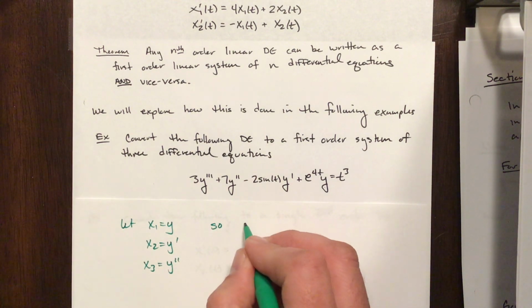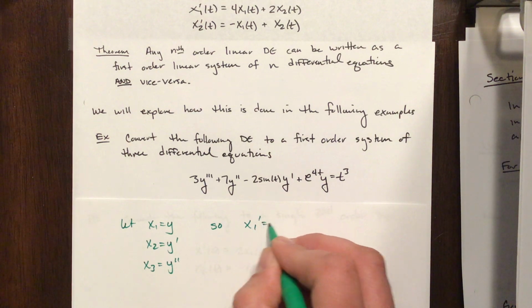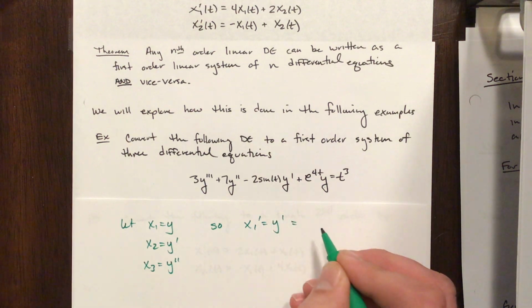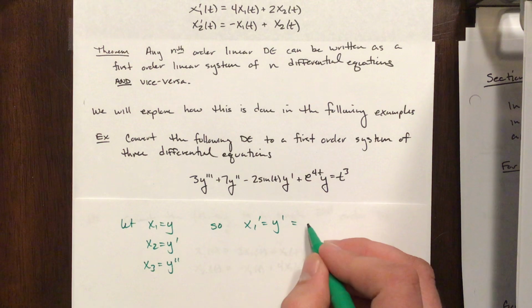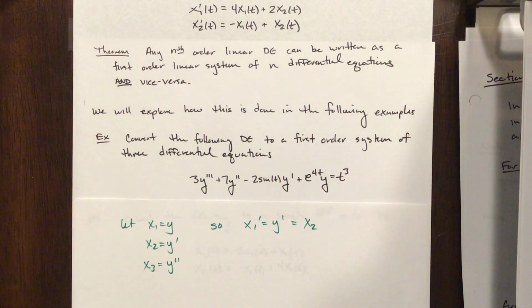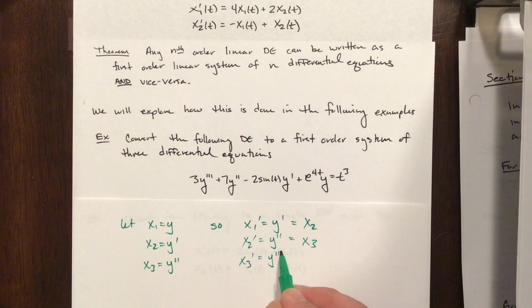So x1 prime is equal to y prime, but x1 prime, by the transitive property of equality, is equal to x2. x2 prime is equal to y double prime, but y double prime is equal to x3, and x3 prime is equal to y triple prime.